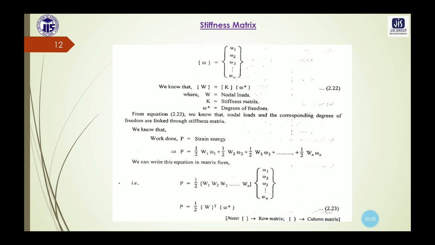In this equation 2.22, W is the nodal loads, K is the stiffness matrix, and omega star is the degrees of freedom. From this equation 2.22, we know that the nodal loads and the corresponding degrees of freedom are linked through the stiffness matrix.